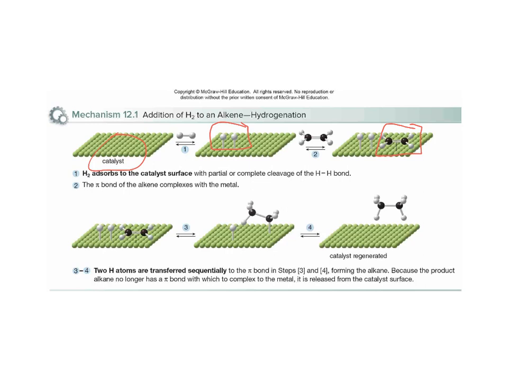In the next step, these two hydrogen atoms are transferred one at a time to the alkene. And the alkene then breaks off of the metal catalyst to be an alkane. You can see that because the hydrogens are lined up right next to each other on the metal catalyst, they both have to add to the same side of the alkene. So you end up with syn addition.